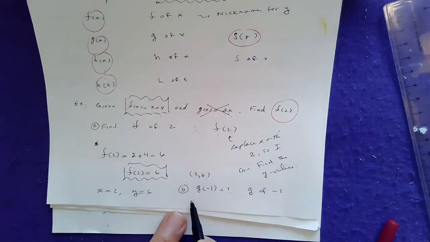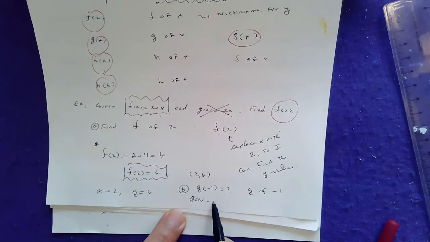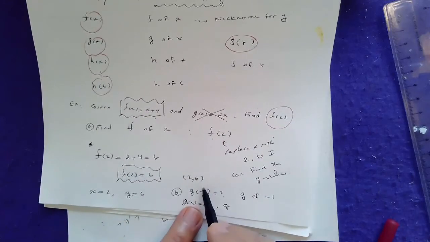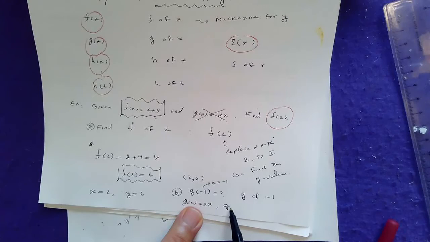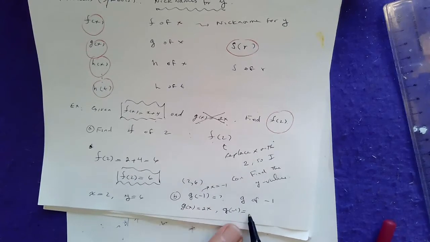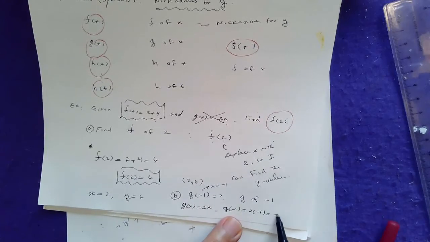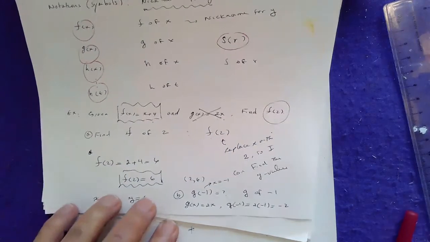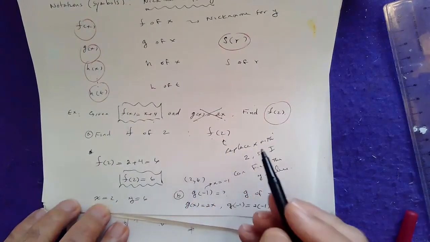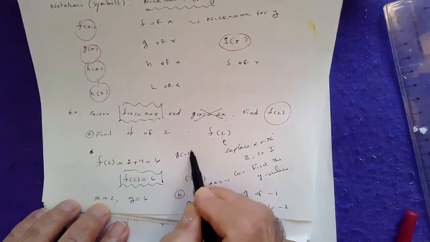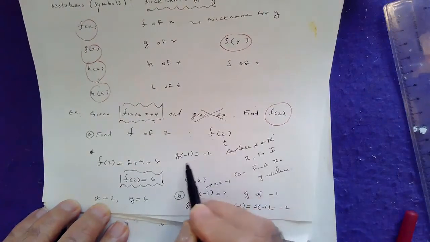So what you do, you go to that equation, replace the x's with negative 1, correct? So you would get 2 times negative 1 is equal to negative 2. So what does that mean? That means g of negative 1 is equal to negative 2.